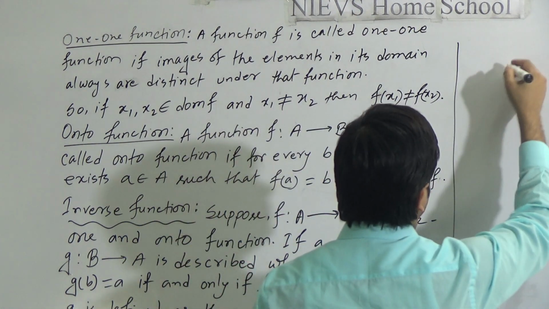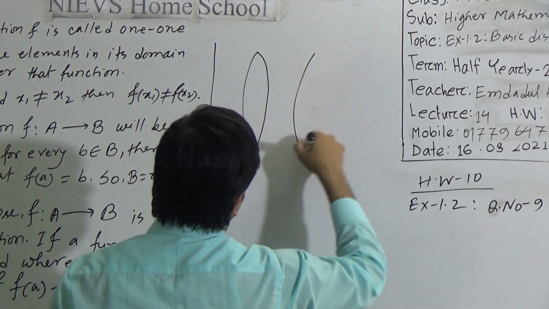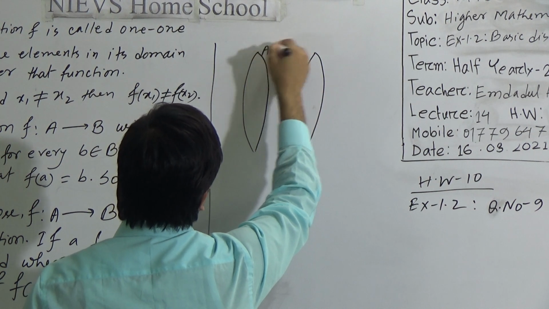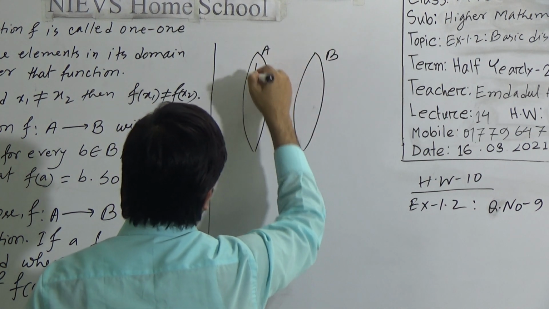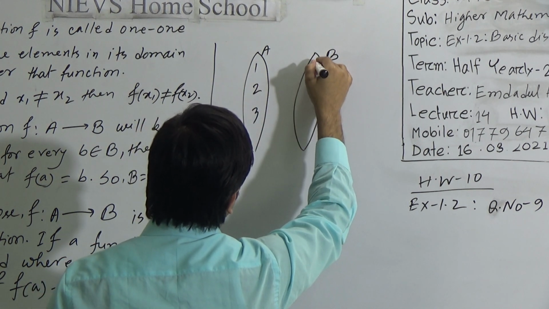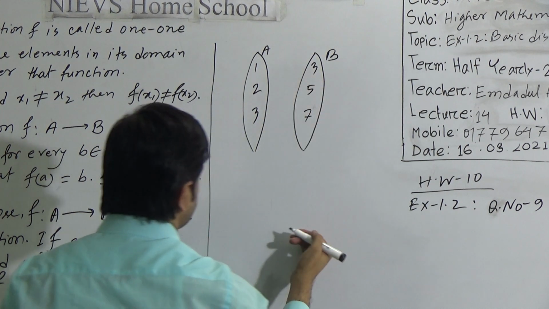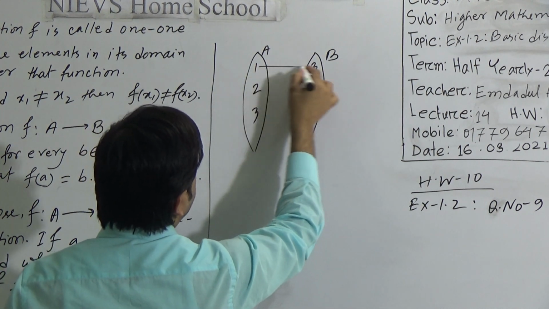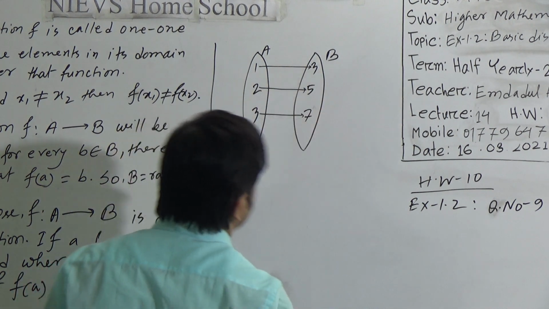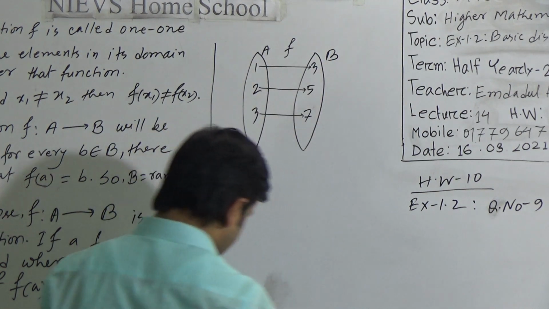What is a one-one function? Suppose I am showing a function here. Here is a set A, here is a set B. In A we have 1, 2, 3, and in B we have 3, 5, 7. Now 3 is the image of 1, 5 is the image of 2, 7 is the image of 3. Now here is a function, we can define the function by f.